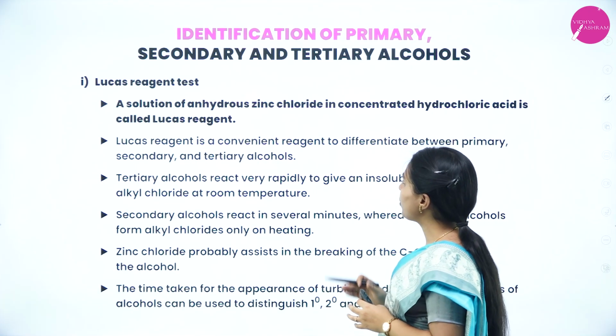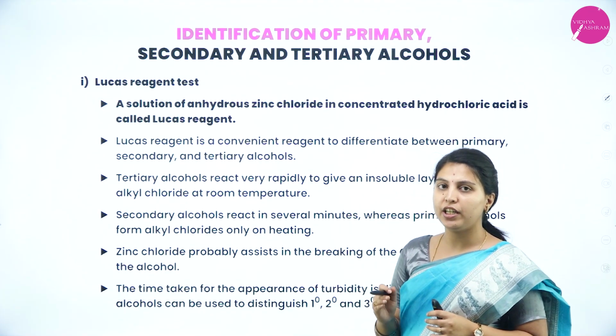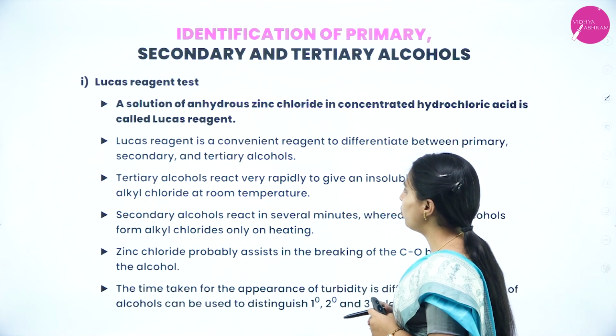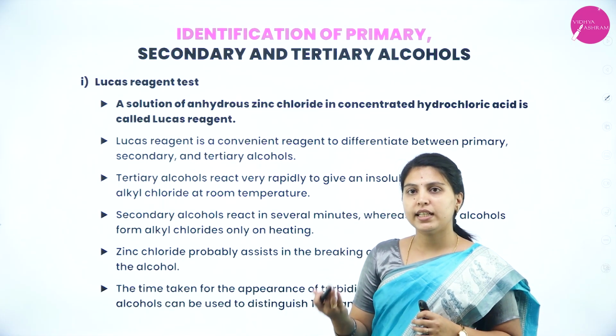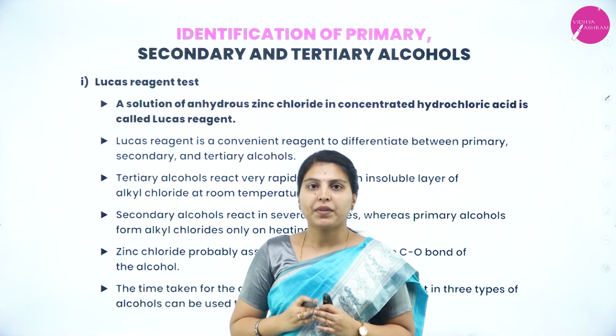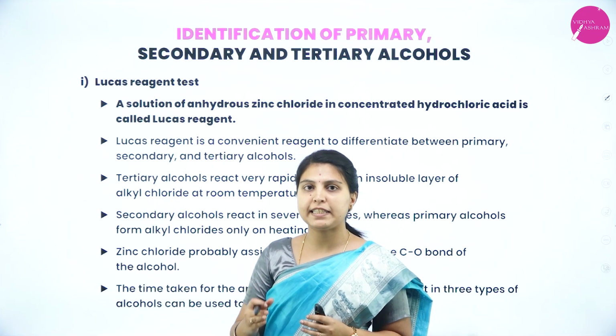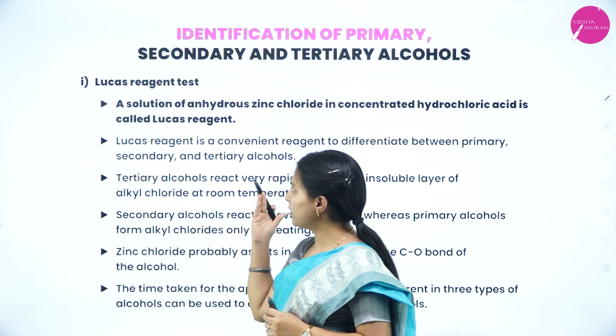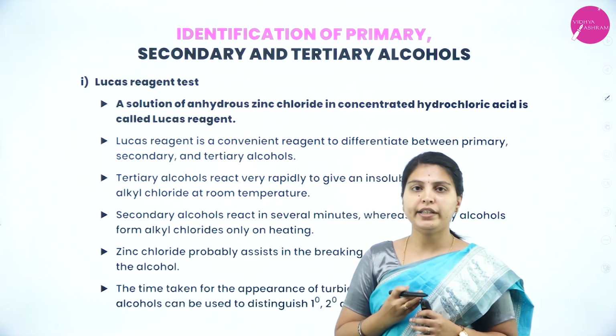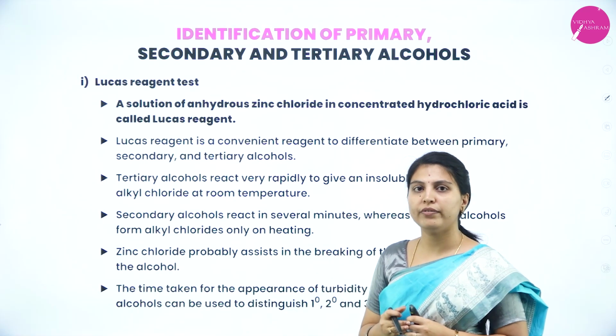Now, identification of primary, secondary and tertiary alcohols by Lucas reagent test. You have seen so many tests on how to distinguish primary, secondary and tertiary alcohols in the laboratory. By using Lucas reagent test itself, you can differentiate between these three categories of alcohols.